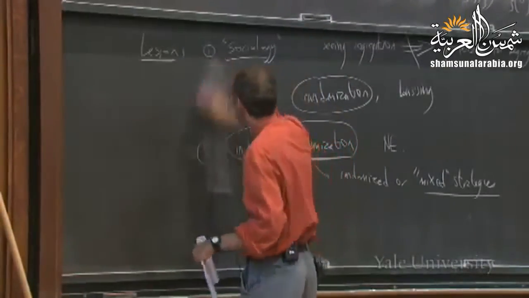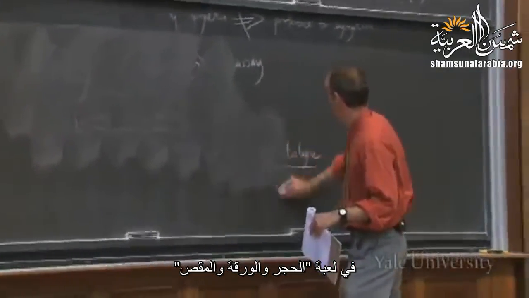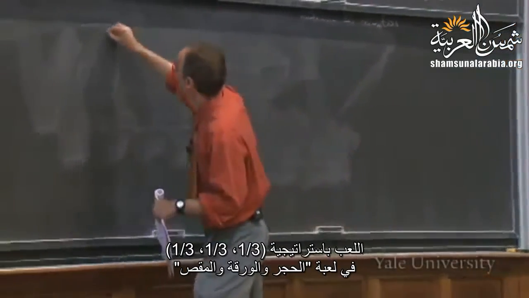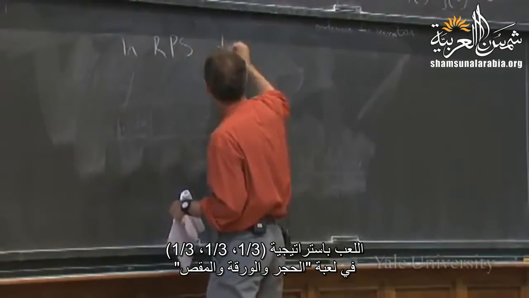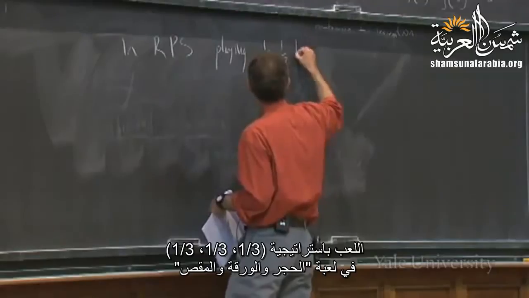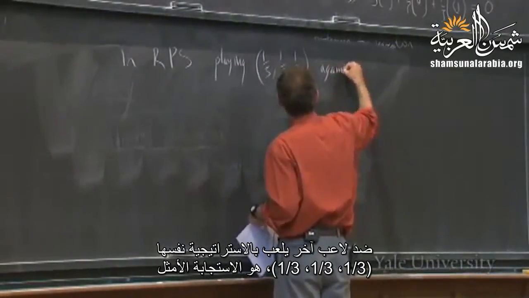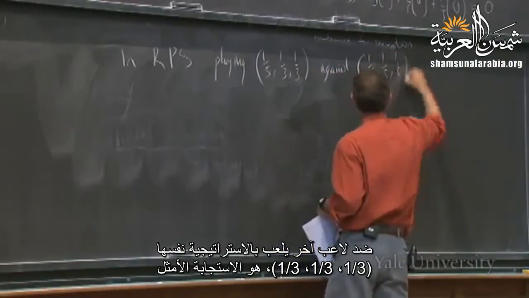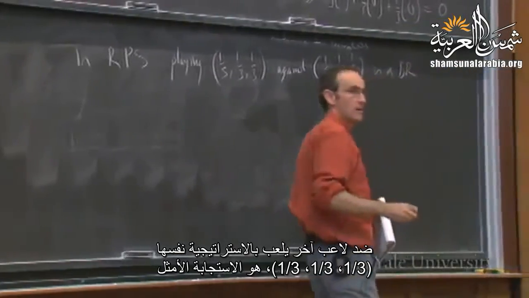All right? So what we've shown here, and we'll stop with this, is that in rock, paper, scissors, playing a third, a third, a third against the other guy playing a third, a third, a third is a best response.